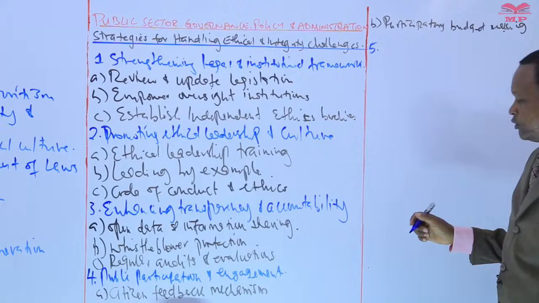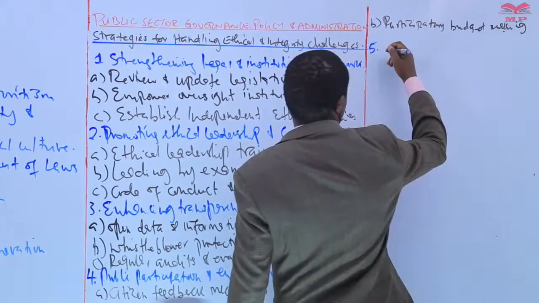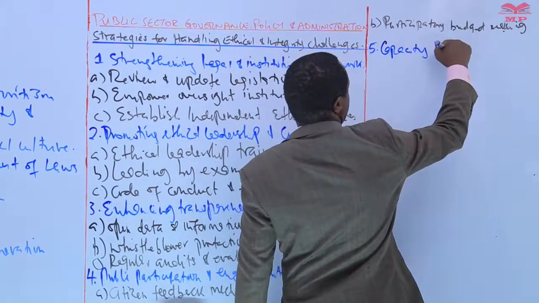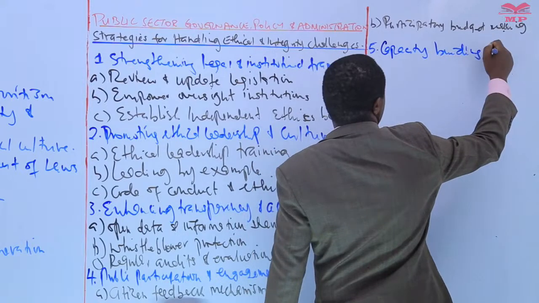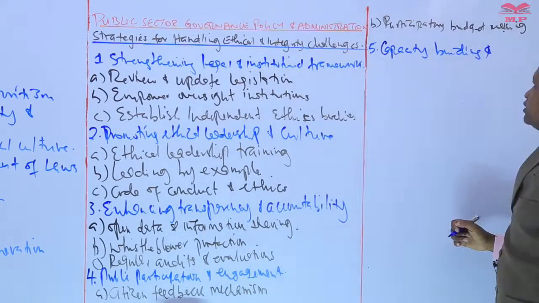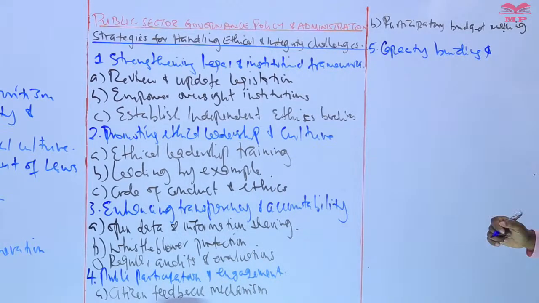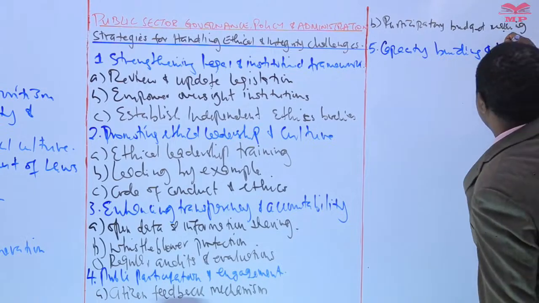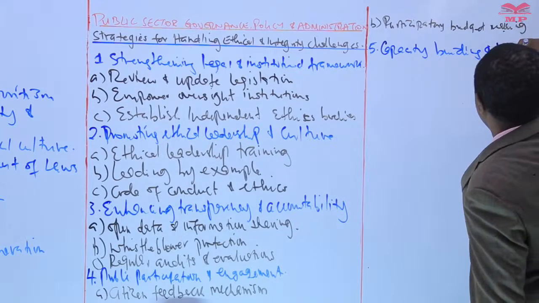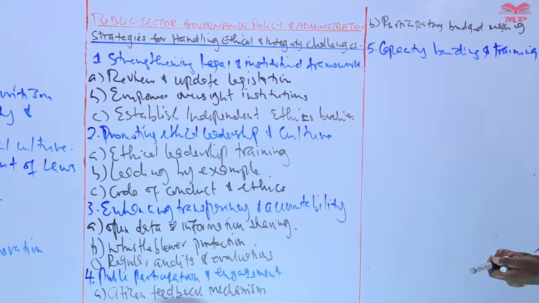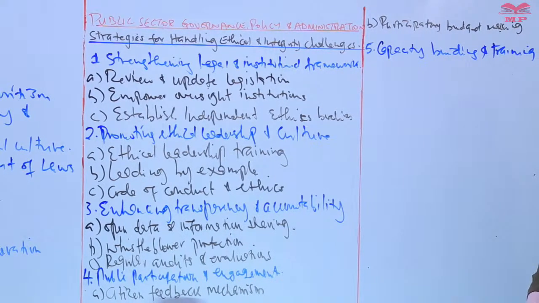Another way is through capacity building. And together with capacity building, we can add training. Capacity building and training can help handle ethical and integrity challenges.